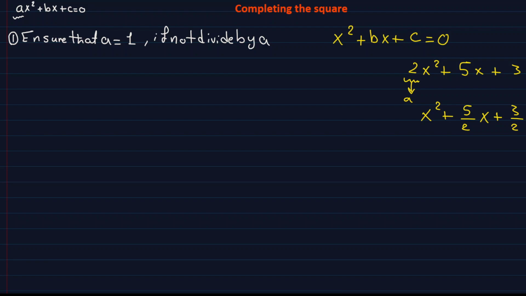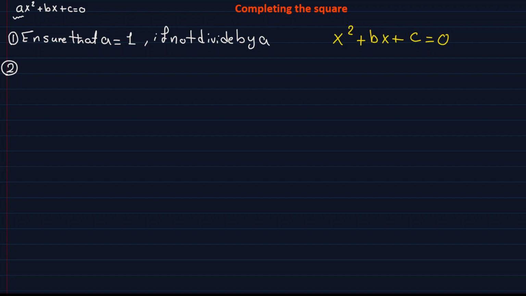So our b that I am talking about is 5 over 2, and this is the c over here, the 3 over 2. So after making sure the equation is in its standard form, divide all of this by a and make sure that a now is equal to 1. Then we're going to go through our next step.